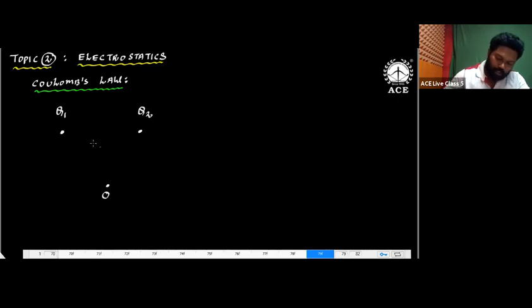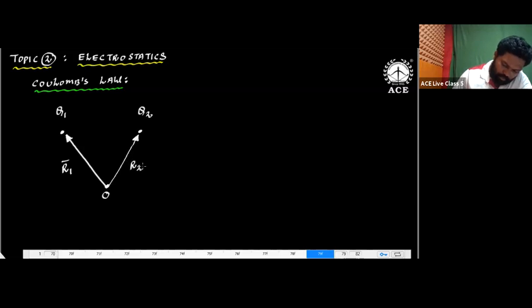With respect to the origin, this is located at R1. This is located at R2 with respect to the origin. Here it is R1. Here it is R2.